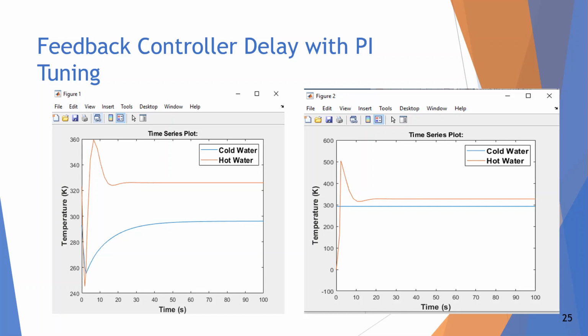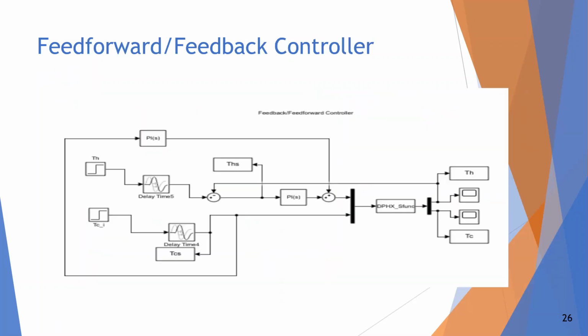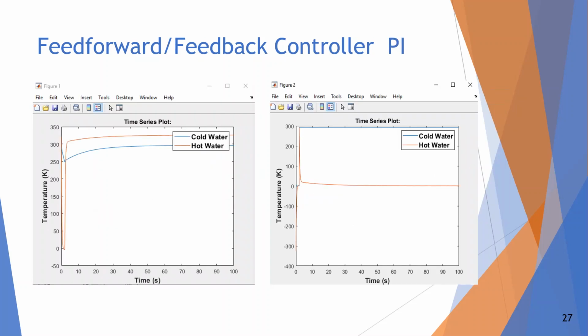Here we have figures 1 and 2 showing a feedback control with delay and PI tuning, and the tuning we used here was with an overshoot of 10% and a rise time of 3 seconds. And here are the controller responses for our feed-forward feedback controller, PI.